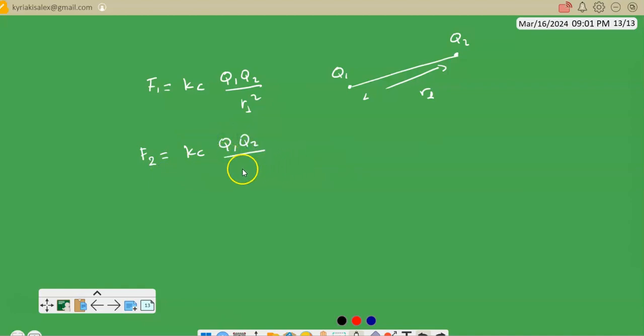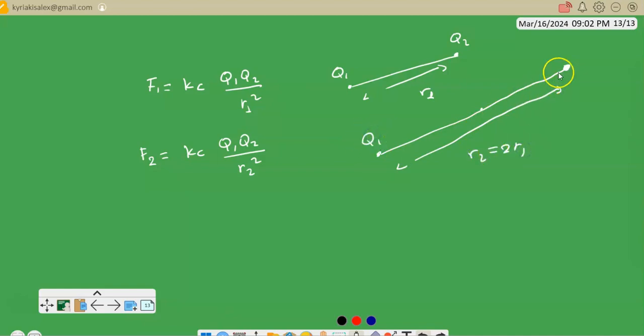where the distance is R2, and it's twice the distance of R1. This is R2 equals 2 R1. Now let's take the ratio of the two forces.